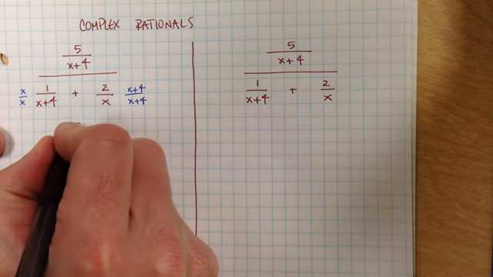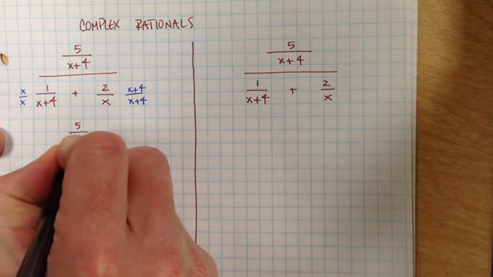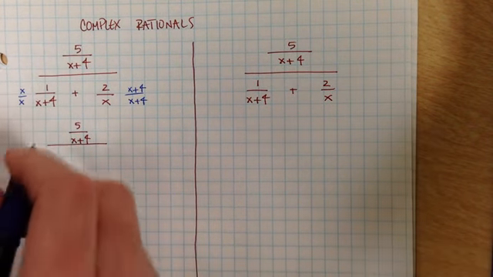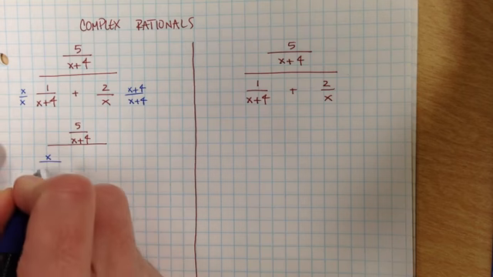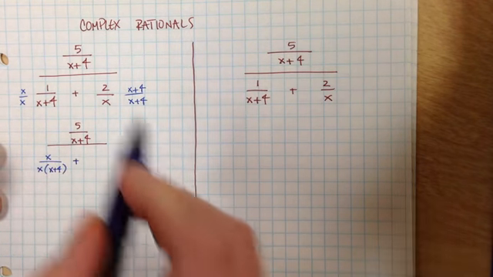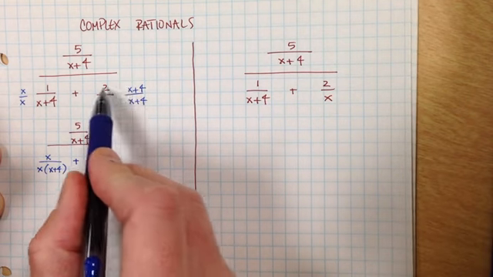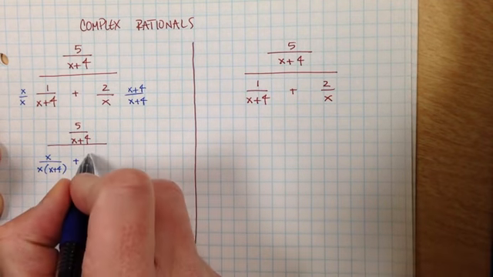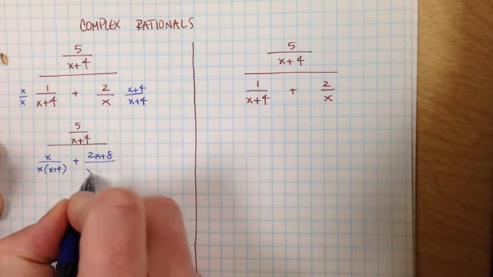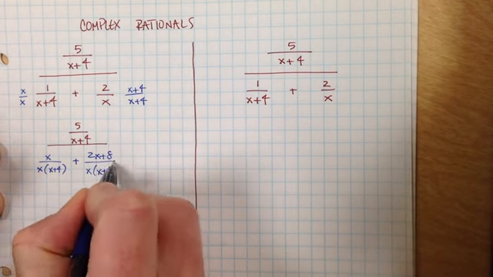So I'll bring my numerator, 5 over x plus 4, divided by, 1 times x is x, over x times x plus 4, plus 2x plus 8, don't forget to distribute, over my common denominator of x plus 4.